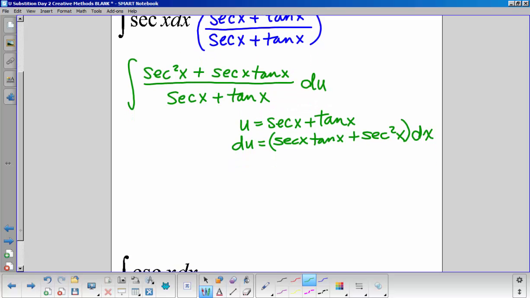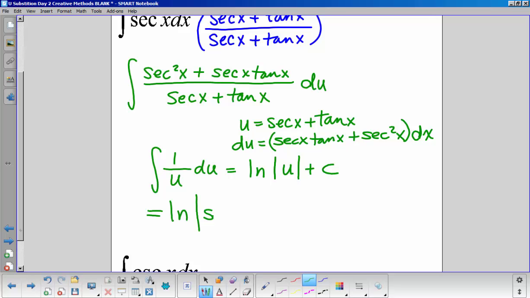So then all of this mess turns into something really nice, 1 over u du, whose antiderivative is ln of absolute value of u plus c. And u is secant x plus tan x, so it's natural log of the absolute value of secant x plus tan x plus c.